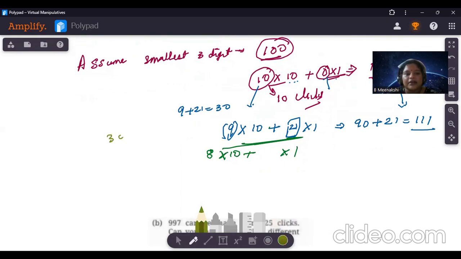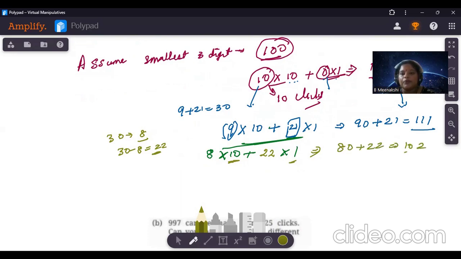Out of 30, we have pressed the plus 10 button 8 times. Now, how many times will we press the plus 1 button? The remaining, because 30 minus 8 gives 22. So the remaining 22 times we will press 1. So 80 plus 22, you will get 102.